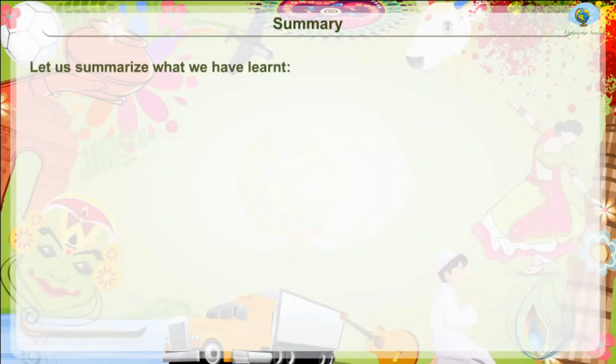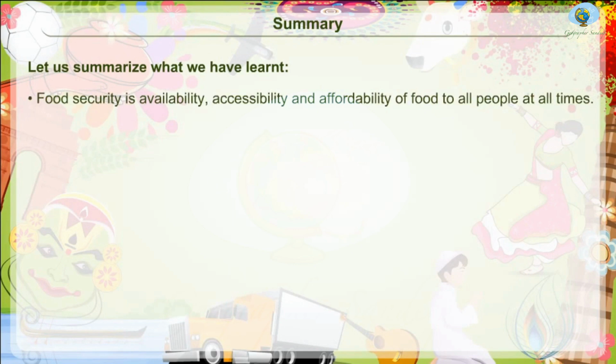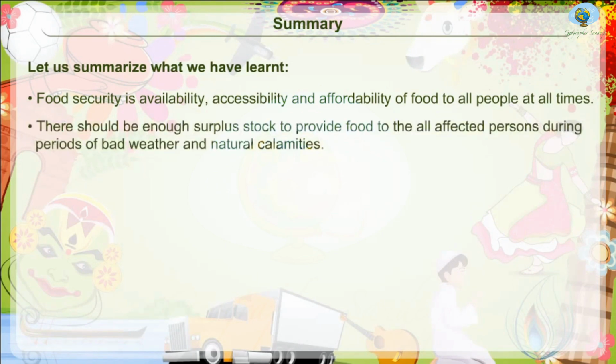Summary. Let us summarize what we have learnt. Food security is availability, accessibility, and affordability of food to all people at all times. There should be enough surplus stock to provide food to all affected persons during periods of bad weather and natural calamities.